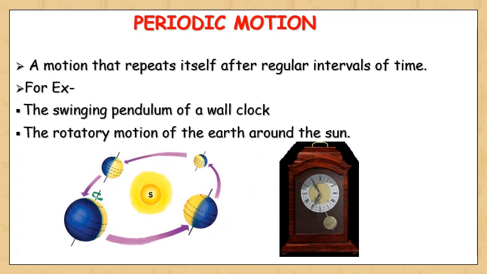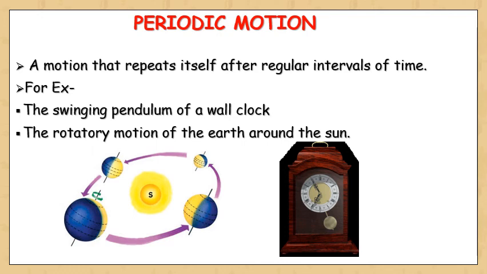Now next is periodic motion. Periodic motion is a type of motion that repeats itself after regular intervals of time. For example, the movement of the earth around the sun is periodic motion, because the earth always takes the same time to complete one revolution.